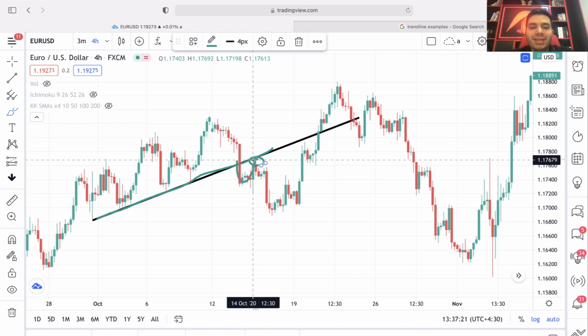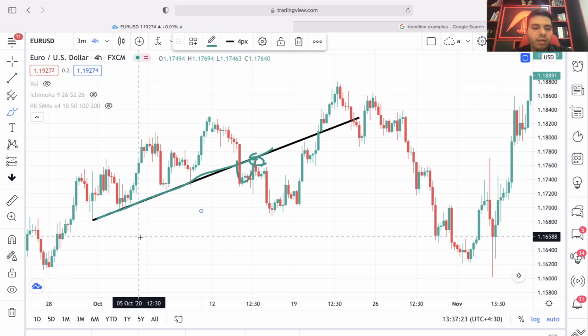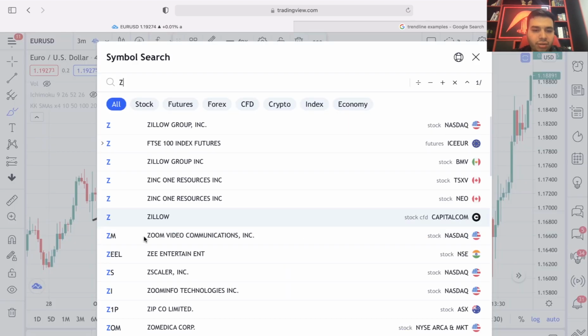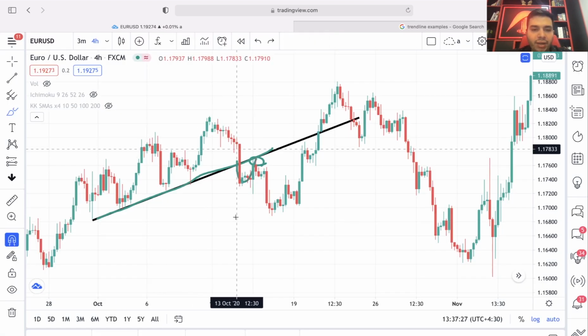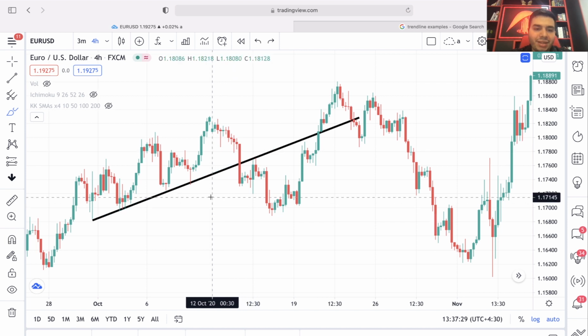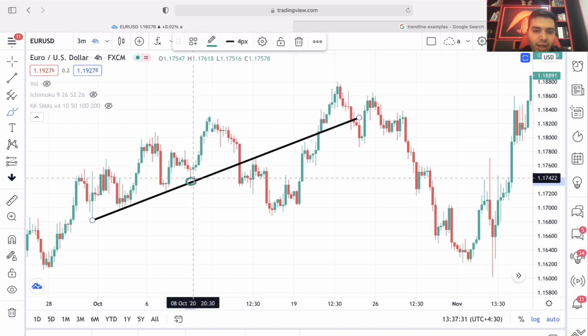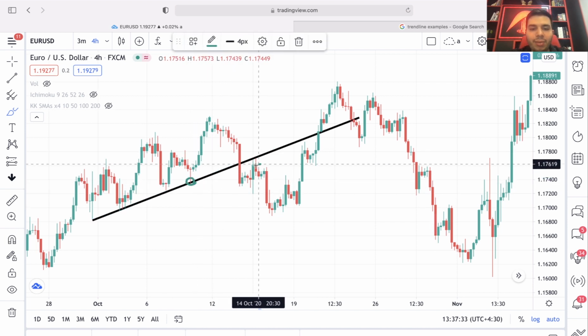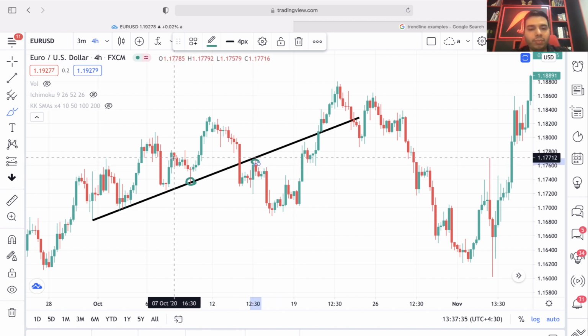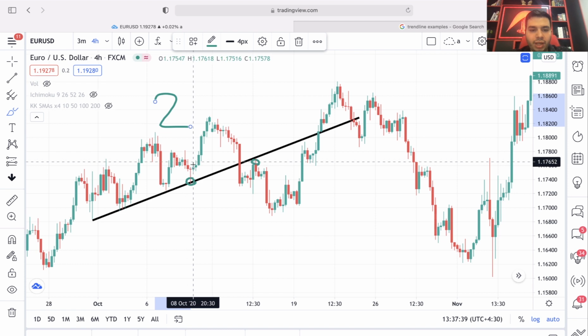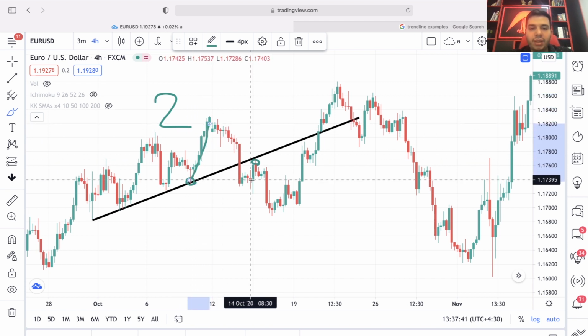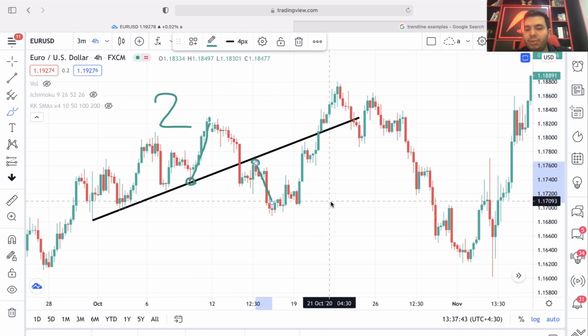We can sell the pullbacks. So when you find a perfect trend line, you can buy the third hit here, and also you can sell the pullback. So when you have a perfect trend line, you can actually have two trades. Okay, one buy here and one sell here after the breakout.